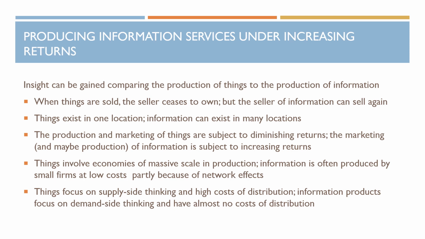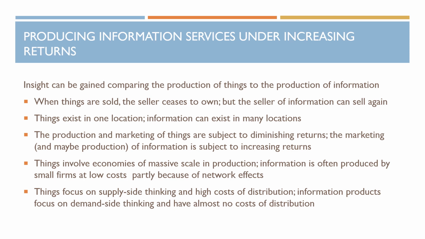For example, when things are sold, the seller ceases to own them, but the seller of information can sell again, right? So information can be resold in the market. That is very different because that information will not be used up in a way that depreciates into nothing.